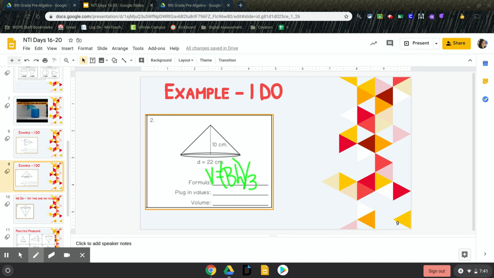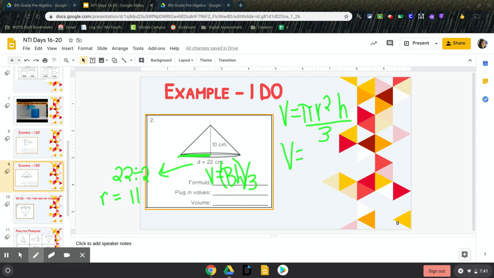The area of our base is a circle, so it's pi r squared. So volume is going to be equal to pi r squared times the height divided by 3. This time it gave us the diameter. We only need to know the radius, so that's only halfway across. So I divide my diameter by 2, and that will give me my radius of 11.